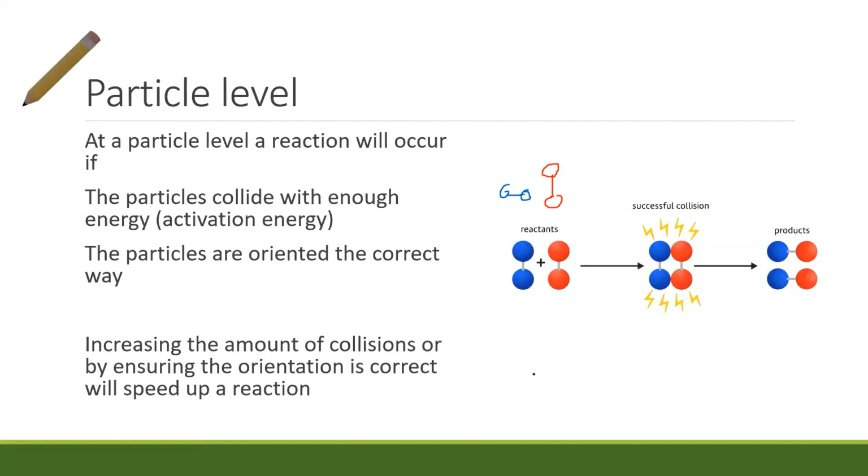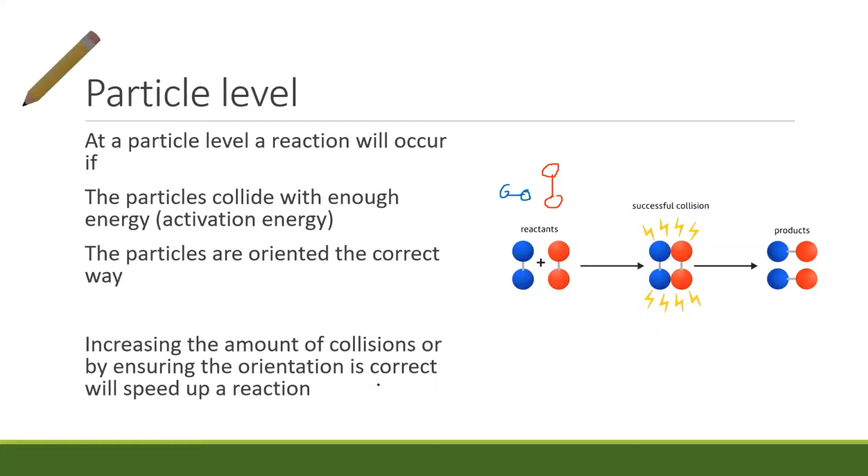Now, obviously if you want to get these things to crash into each other, you want to make sure they crash into each other the right way. You could try and line them up perfectly and ensure their orientation is correct, or you could just slam 100 particles into them.